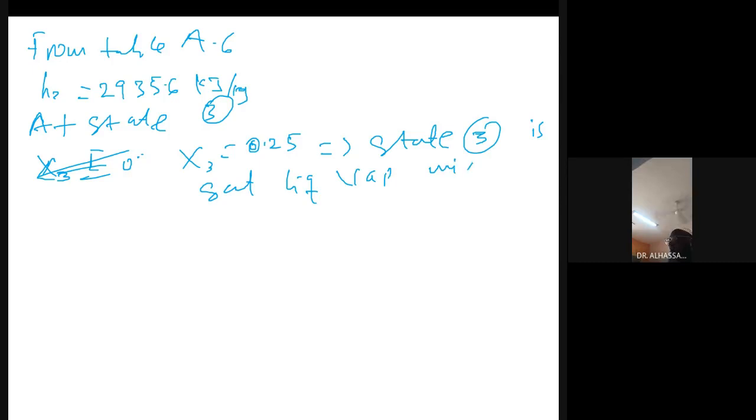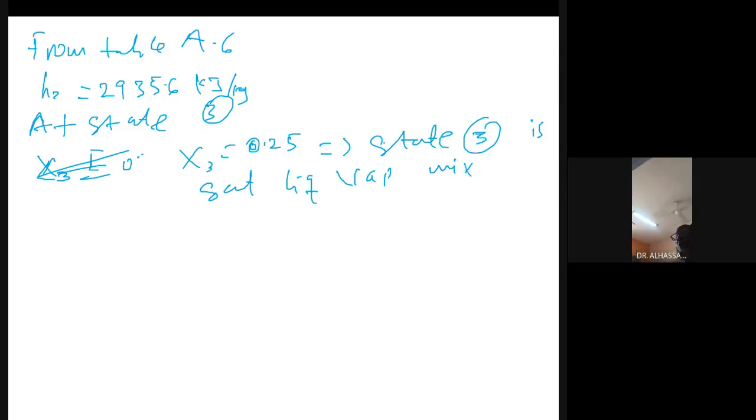So this implies that state 3 is a saturated liquid-vapor mixture. You understand?